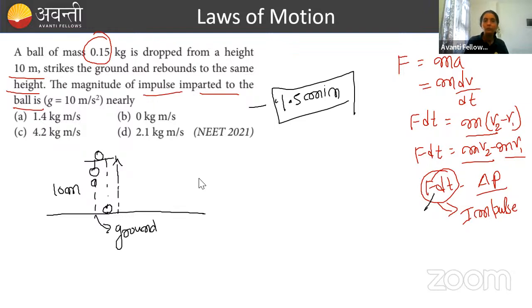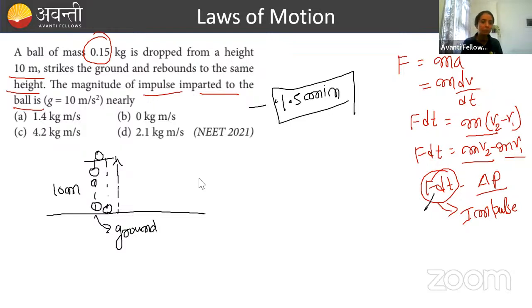Ground. Okay. So this impulse talks about collision. So when collision is happening, during that period of time, momentum will change, and that change in momentum is called impulse. So यहाँ पे collision is happening with the ground.